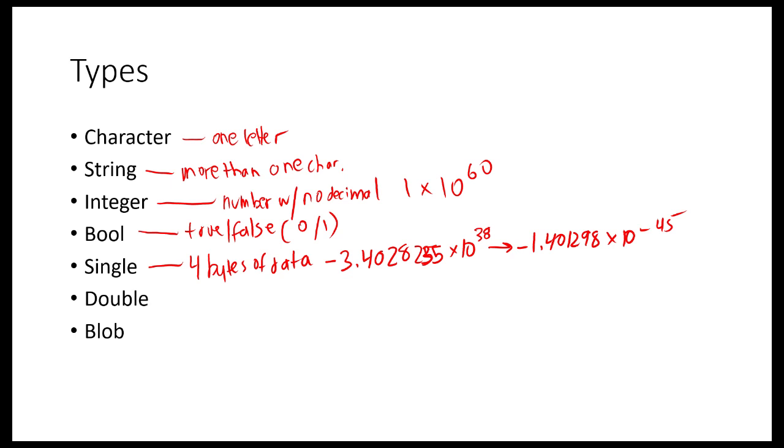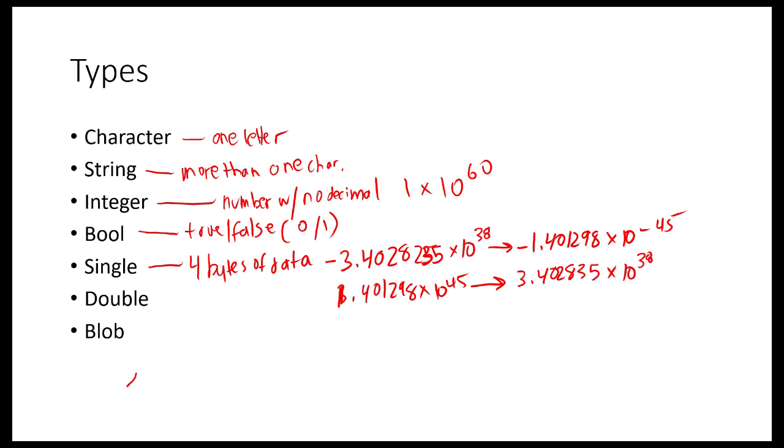And we can store 1.401298 times 10 to the negative 45 all the way to 3.402823 times 10 to the 38.